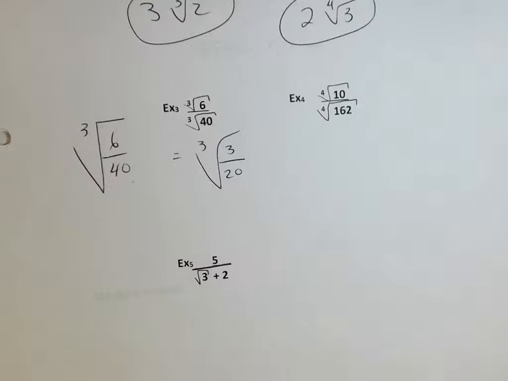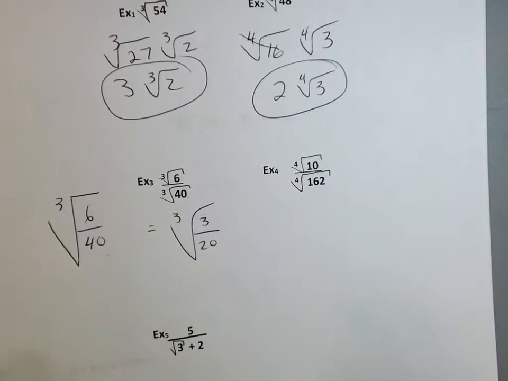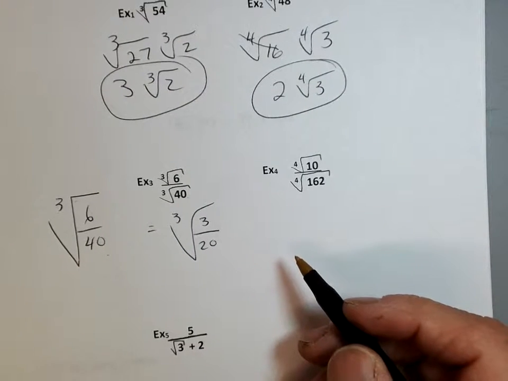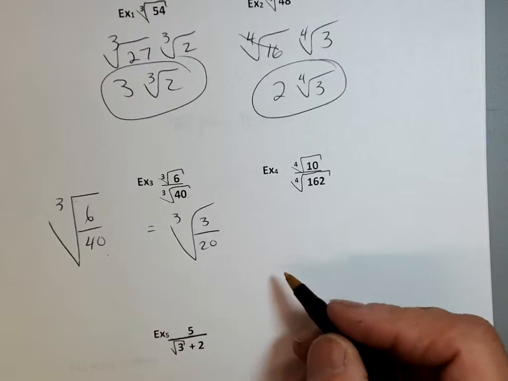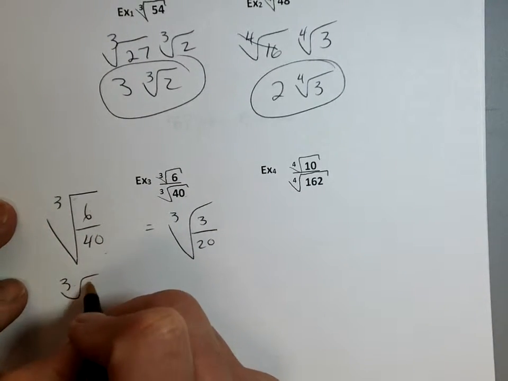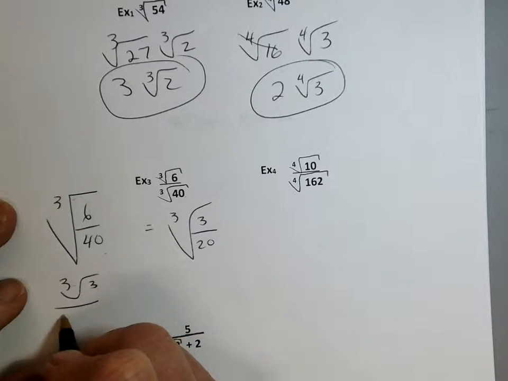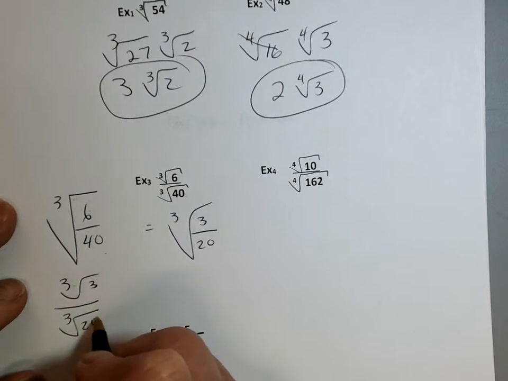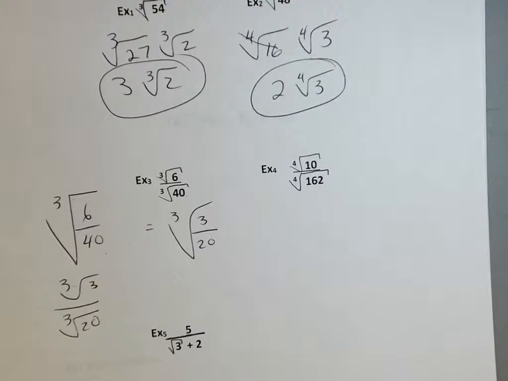Now 20. Will 20 break up into anything? I don't think so. So then I'm going to have the cube root of 3 over the cube root of 20, okay? What times what makes 20?